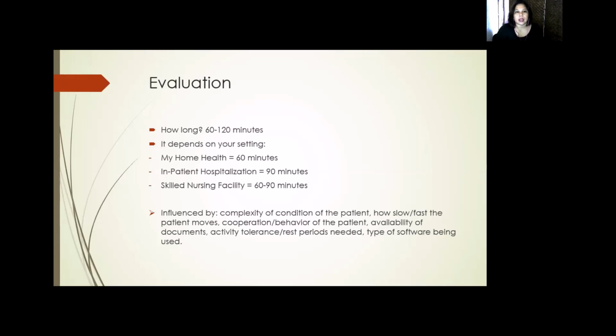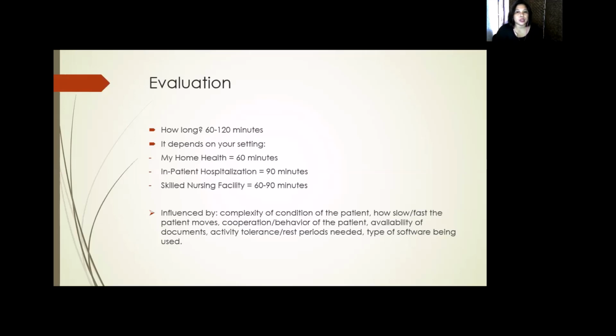Now, again, it is influenced by the complexity of the condition of your patient, and how slow or how fast the patient moves. Some patients cannot move very fast the way you want them to move. For you to assess the bed mobility, it takes them a lot of time or a lot of encouragement to get out of bed. So that is also a factor.